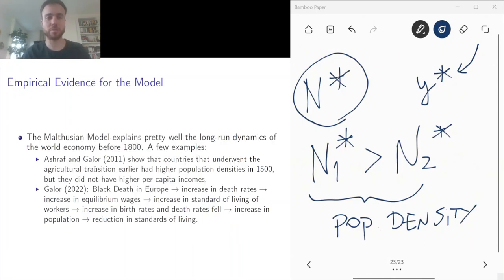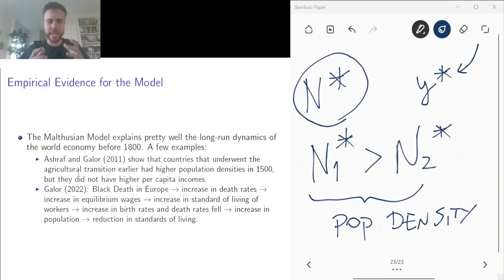A very cool example. Well, there are several examples in history. So if you want to have a look, there is this Ashraf and Galor 2011 book that shows that countries that underwent the agricultural transition earlier, so people were nomads and then they settled in pieces of land and then they started to work the land, they show that in societies, countries where this happened before had a higher population density in the 1500s, but they did not have higher per capita incomes.